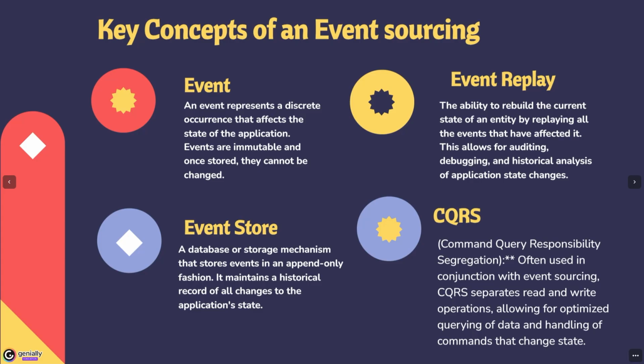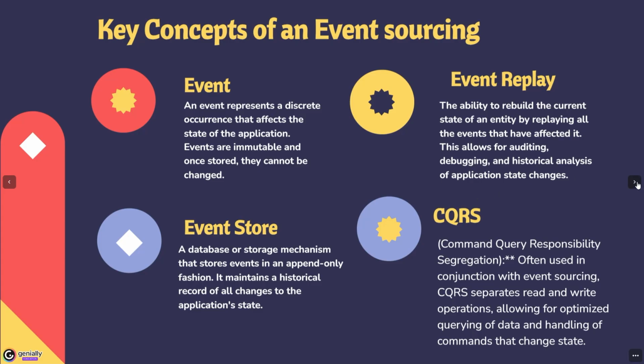It's the ability to rebuild the current state of an entity by replaying all the events that have affected it. This allows for auditing, debugging, and historical analysis of application state changes. Next one is CQRS. It's often used in conjunction with event sourcing. CQRS separates read and write operations, allowing for optimized querying of data and handling of commands that change state.